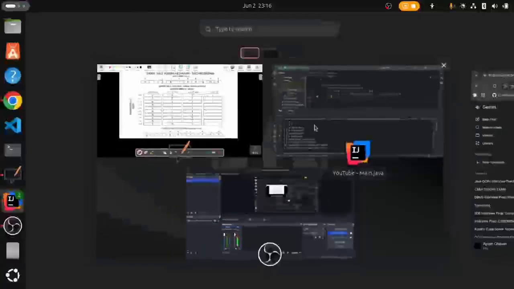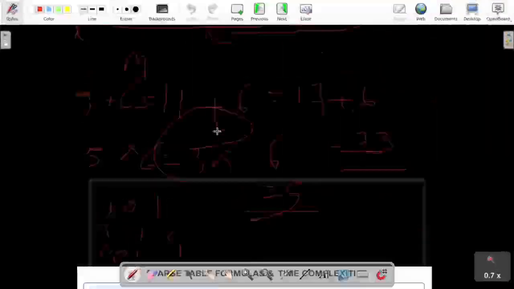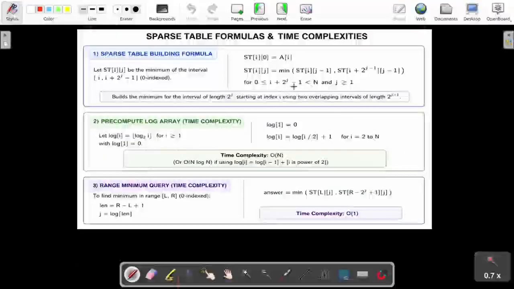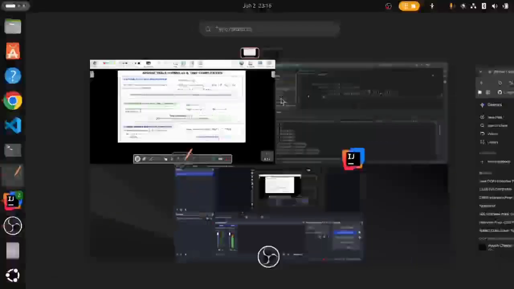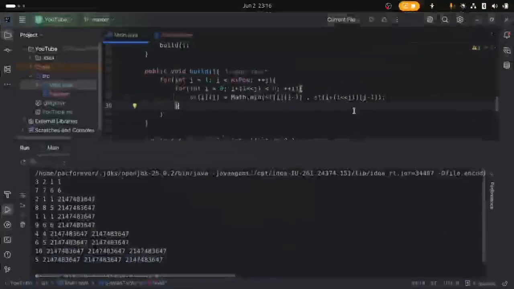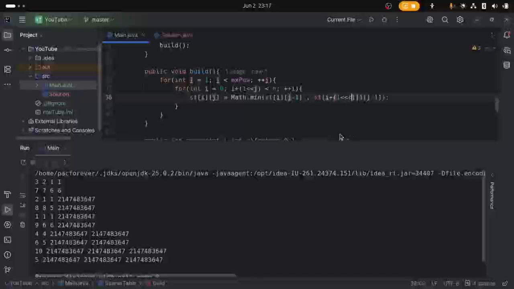Even the equation is correct. Okay, here it should be j minus 1.